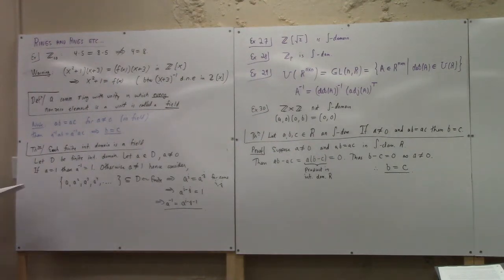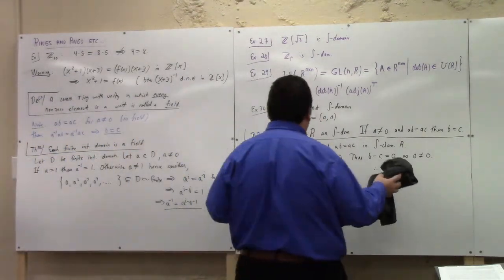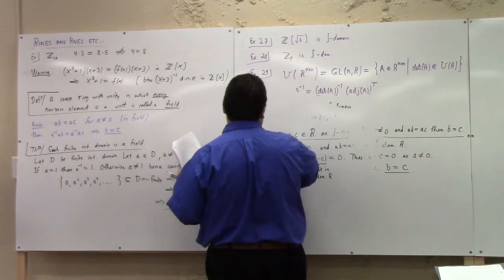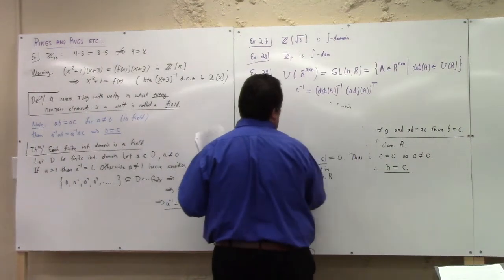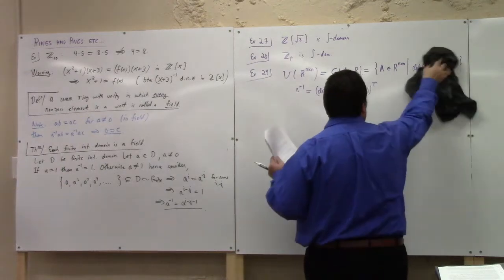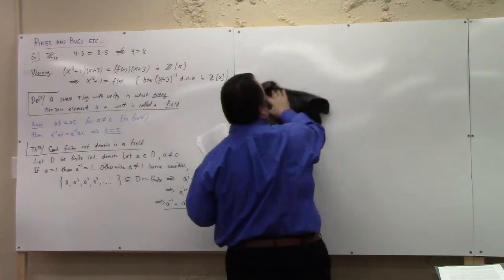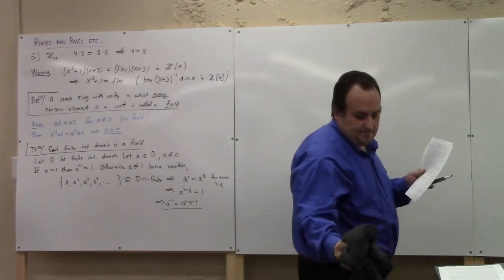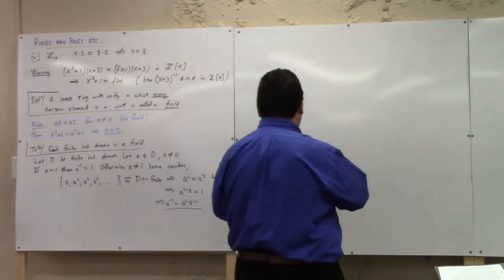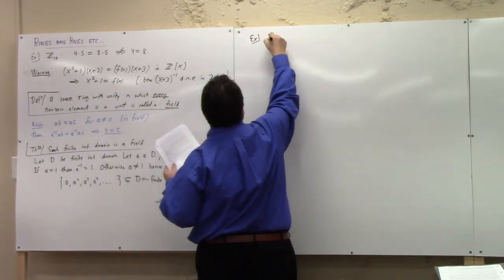Well, yeah, if they're all units. So again, an infinite integral domain is just a commutative ring with identity, which has no zero divisors. So I guess you could have one that doesn't have everything making it a unit. The example to go with is just the integers.